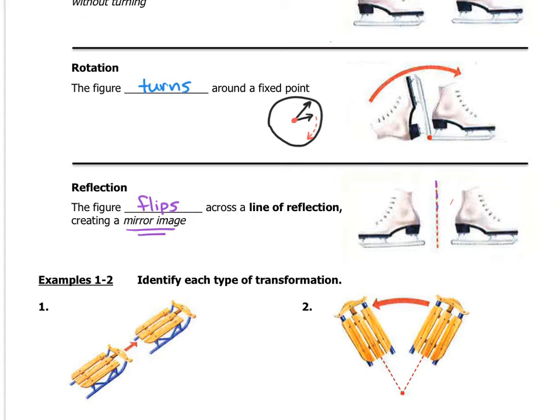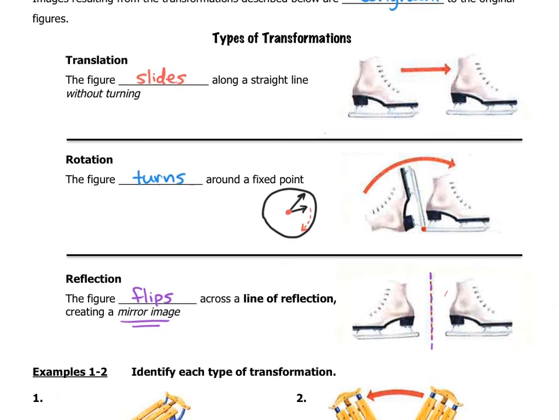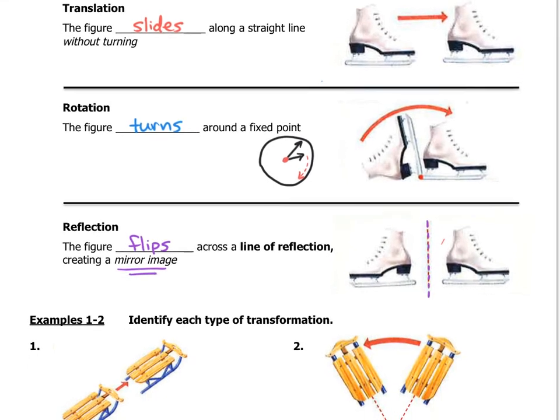So you can almost imagine this line of reflection as being a mirror. And if you were to hold this left ice skate up against the mirror, you would see what's on the right. So these are the three different types of transformations: translations, rotations, and reflections.